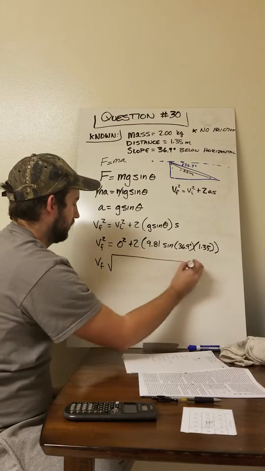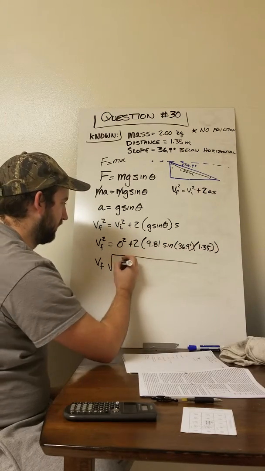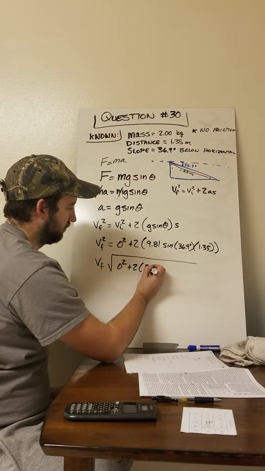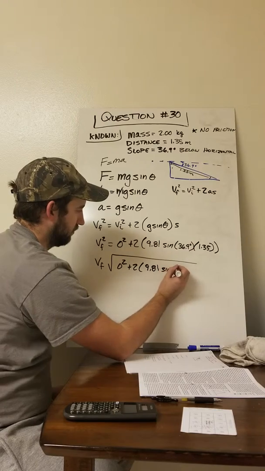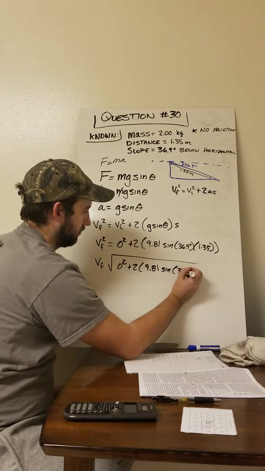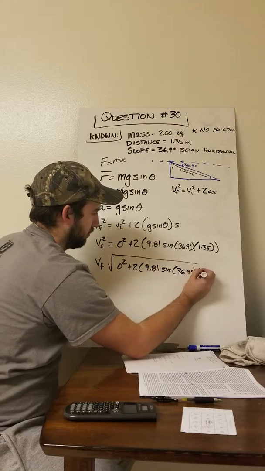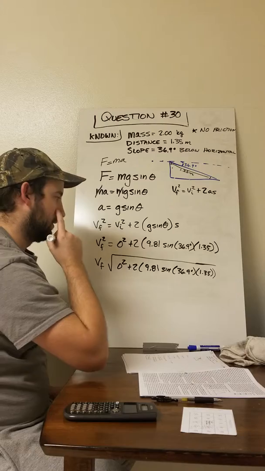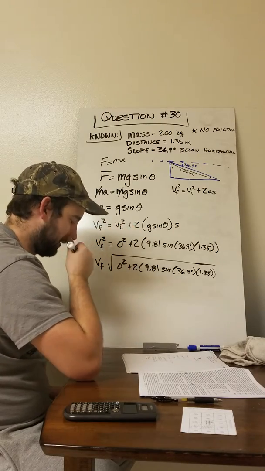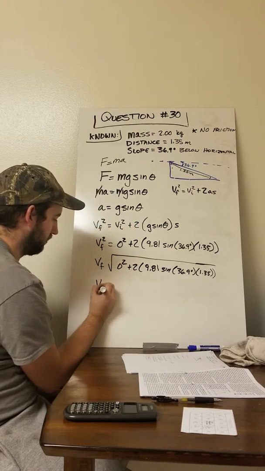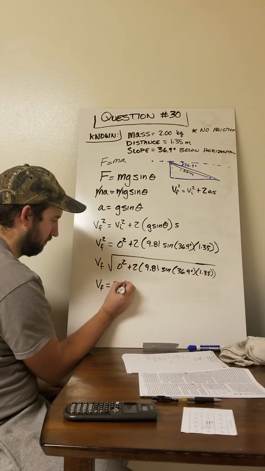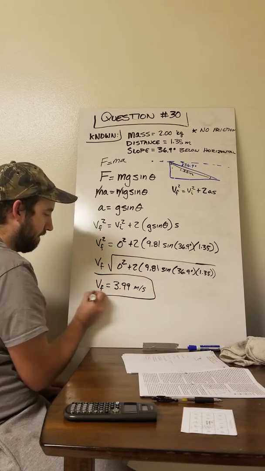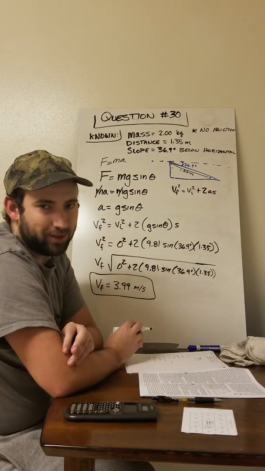So we take 0 squared plus 2 times 9.81 times sine of 36.9 degrees times 1.35, and when we throw that into our calculator, we end up with the final velocity being just about 4 meters per second.